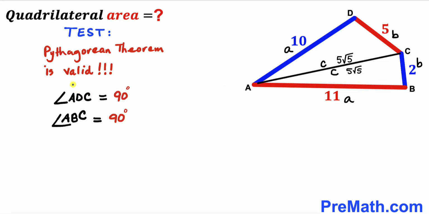Therefore we conclude that angle ADC is a 90-degree angle, and likewise this other angle ABC is a 90-degree angle as well. So this triangle ADC is a right triangle, and likewise this other triangle ABC is a right triangle as well.